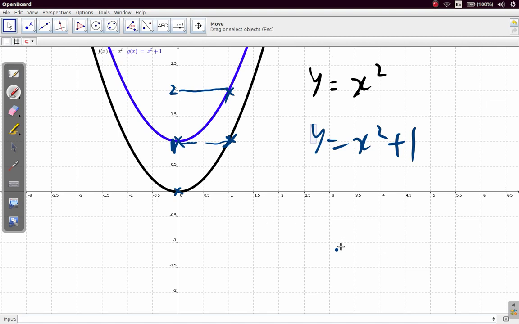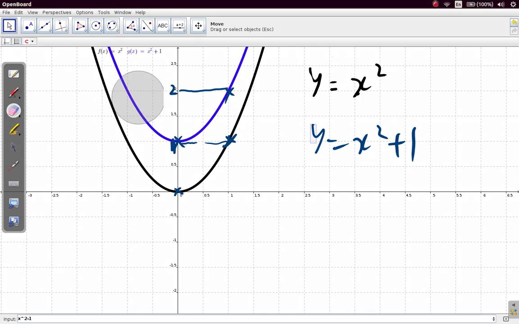Let us plot a third graph. Suppose we have y equals x squared minus 1. What would happen? Let's see. X to the power of 2 minus 1.